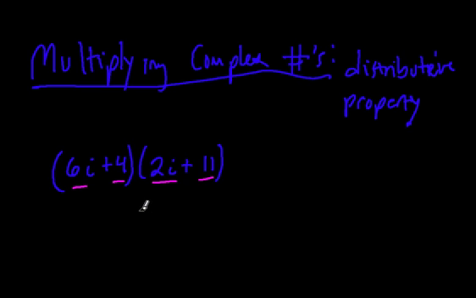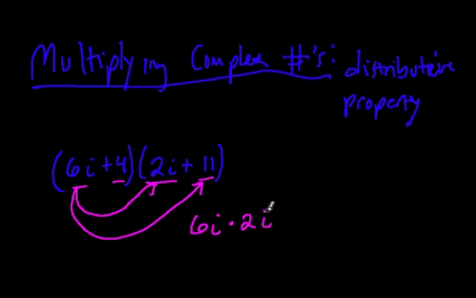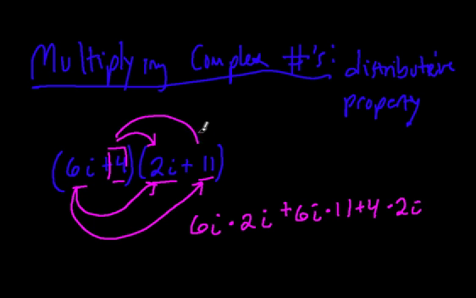But the key difference is that we take 6i and multiply it by this term and the other term as well. We distribute it to both. So we have 6i times 2i plus 6i times 11. And then we take the 4 and distribute that. Plus 4 times 2i, and then plus 4 times 11.